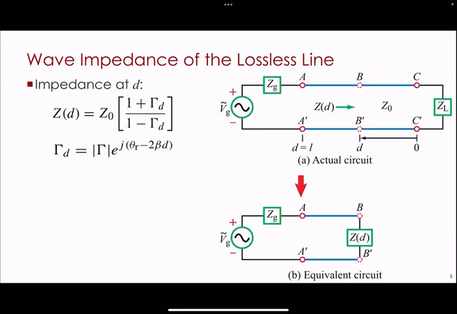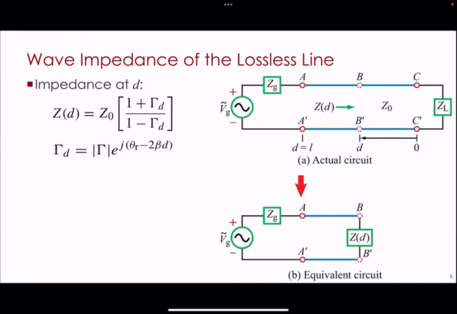Inside that calculation, whatever effects the transmission line is doing, due to the incident wave and the reflected waves and standing waves and all that kind of stuff, all of that is going to be baked into the equations that we are going to derive for Z at D. So if we calculated Z at D, which is at this point right here, what we're doing is looking towards the load at BB prime, and the calculation for that input impedance takes into account the effect of this section of transmission line from B prime to C prime and the load ZL.